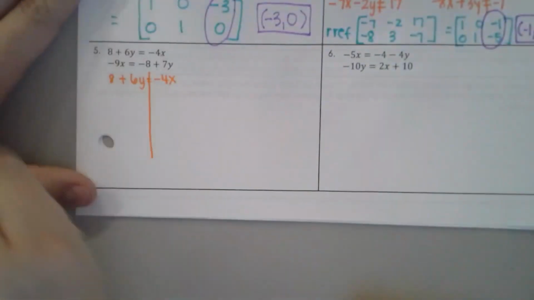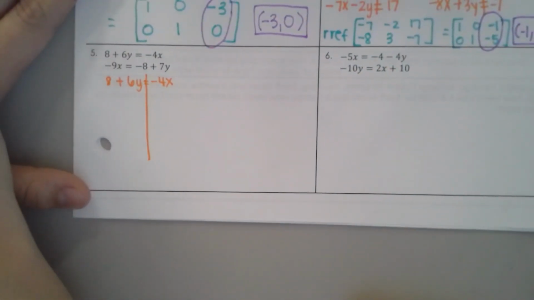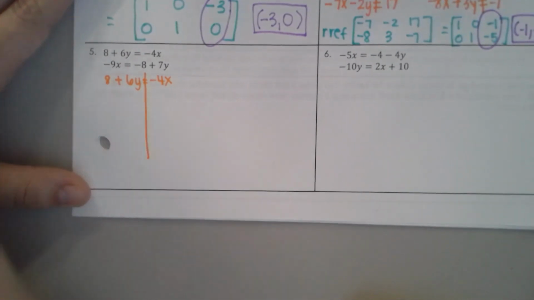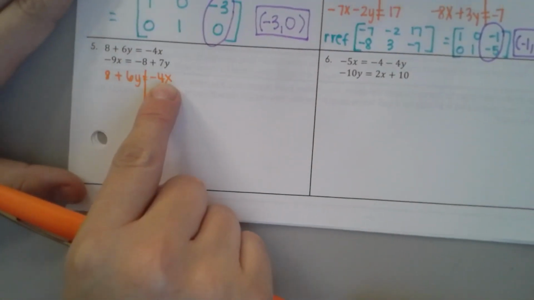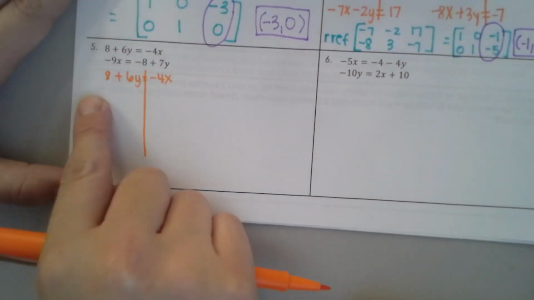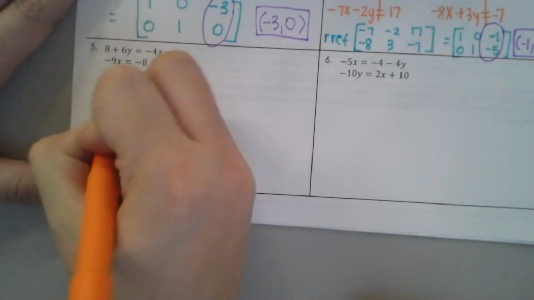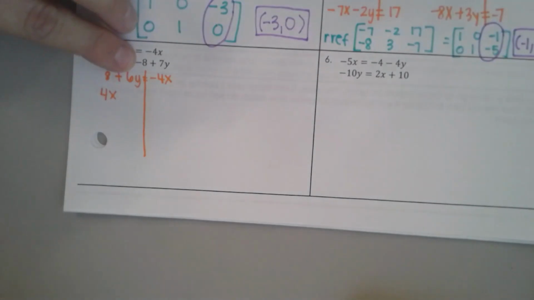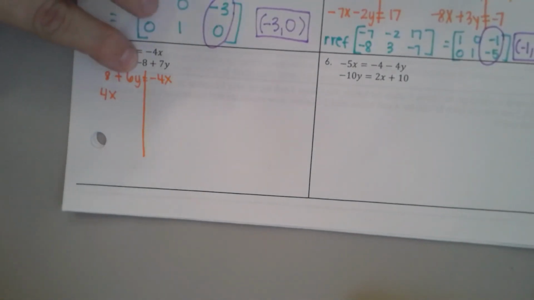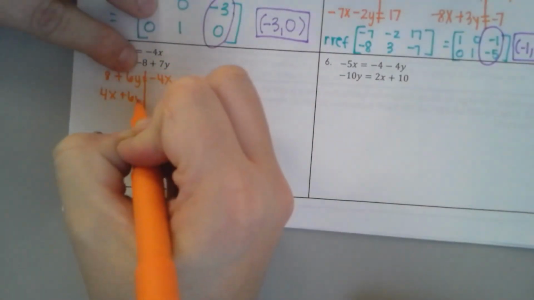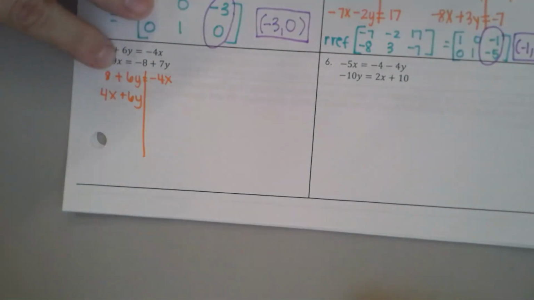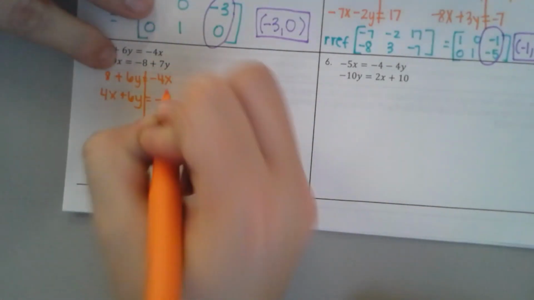If you can remember that if it jumps the line, it changes signs. So if this -4x has to come to this side, it's going to be a what? A positive 4x. And then, does my 6y need to jump the line? No. So plus 6y. Does my 8 need to jump the line? Yeah. So it becomes -8.